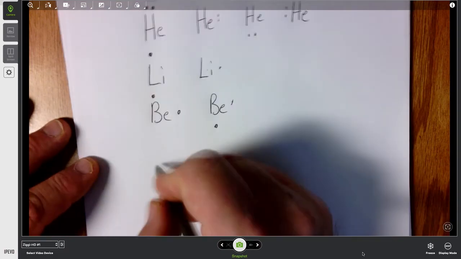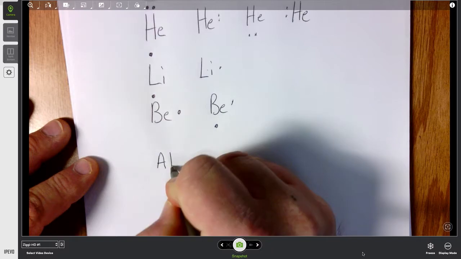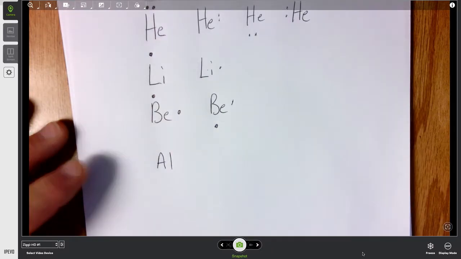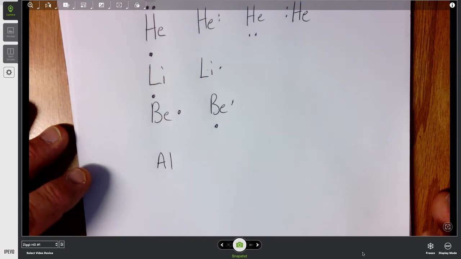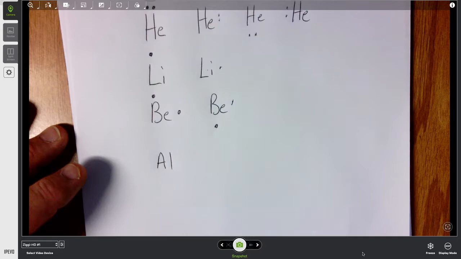Aluminum, it's in group 13. So how many valence electrons does it have? All right, so someone said 13. Oh, 3. It's actually 3. It's the ones digit.